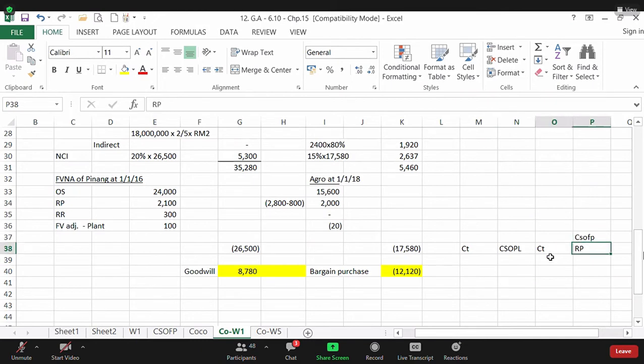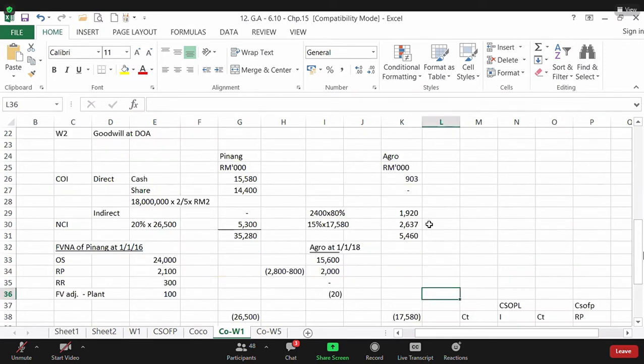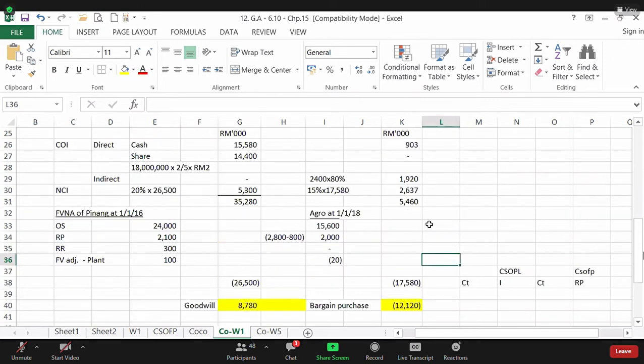If you prepare SOFP, you need to credit RP. The reason is income increases. Okay, it was income. So in the SOFP, you have to credit your retained profit because your income goes up. Okay. So I give you time to take note about goodwill.